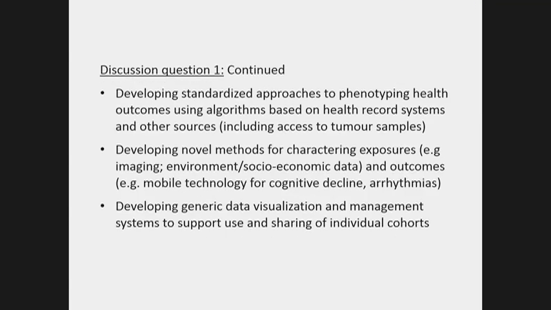there was the point of, okay, we've characterized the participants. We need to now have standardized approaches to the phenotyping of the health outcomes, the points that were described by Josh, Zhang Ming, and Kathy yesterday, to phenotyping the health outcomes using algorithms based on health record systems, but not only health record systems, other sources, and in particular, the potential value of getting access to tumor samples.